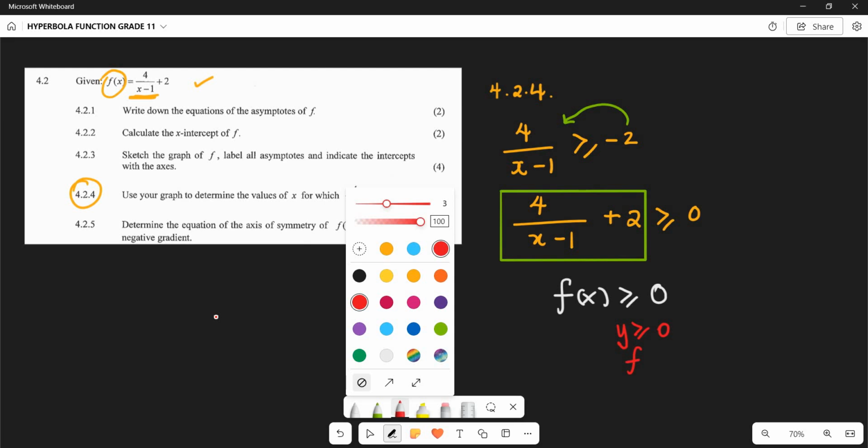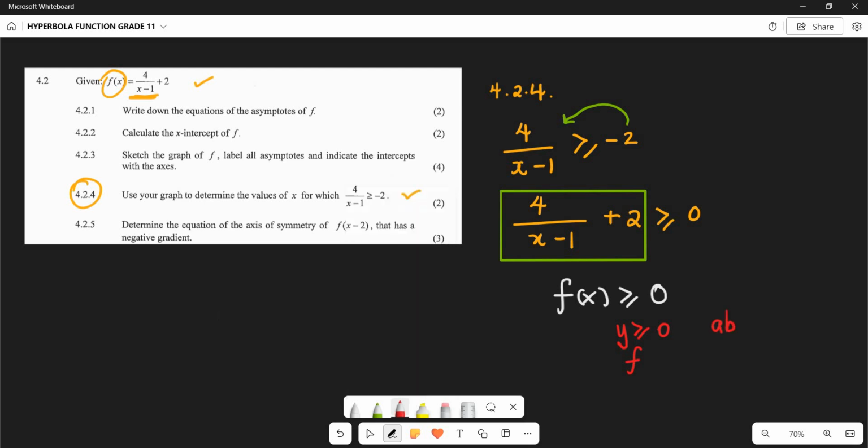Where do we find such in our graph? We find it above the x-axis. Above the x-axis, that's where we find y values that are greater than 0. And we are also considering y being equal to 0. Y greater than 0 means values of y above the x-axis. Y equals 0 means we are on the x-axis.